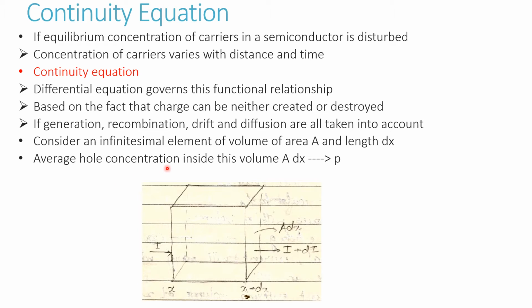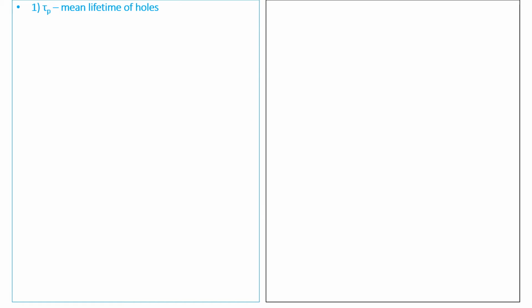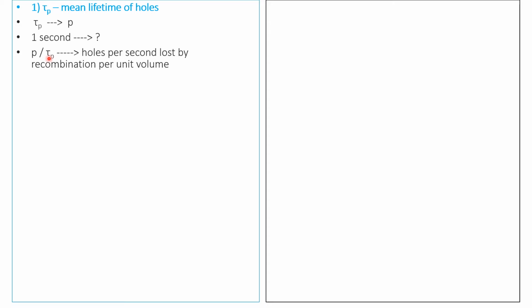Average hole concentration inside this volume A dx can be denoted as P. The mean lifetime of holes can be denoted as tau P. So in tau P, if P holes recombine, then how many holes will recombine in 1 second? That will be P upon tau P. Number of holes per second will be lost by recombination per unit volume.